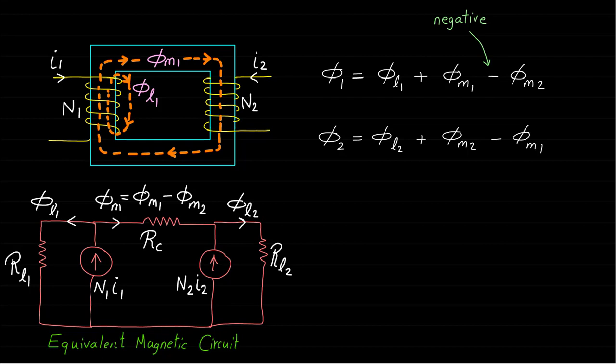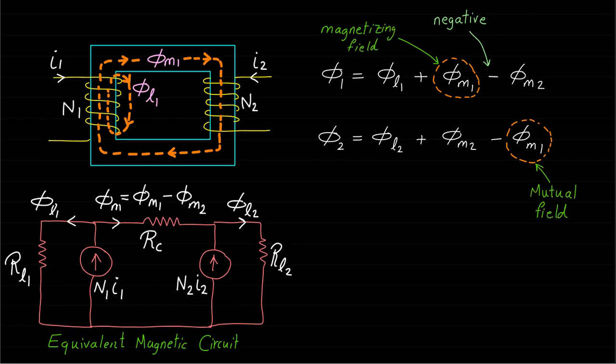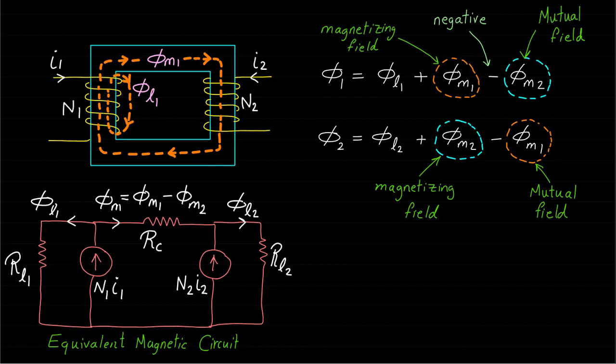As you can see, the magnetizing magnetic field produced by coil 1 is equal to the mutual magnetic field that links to coil 2. Likewise, the magnetizing magnetic field of coil 2 is equal to the mutual magnetic field of coil 1. The fact that the magnetizing and mutual magnetic fields are the same is considered a special case.